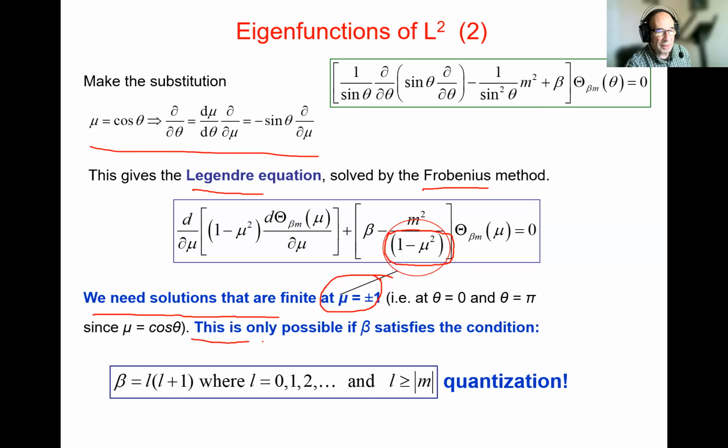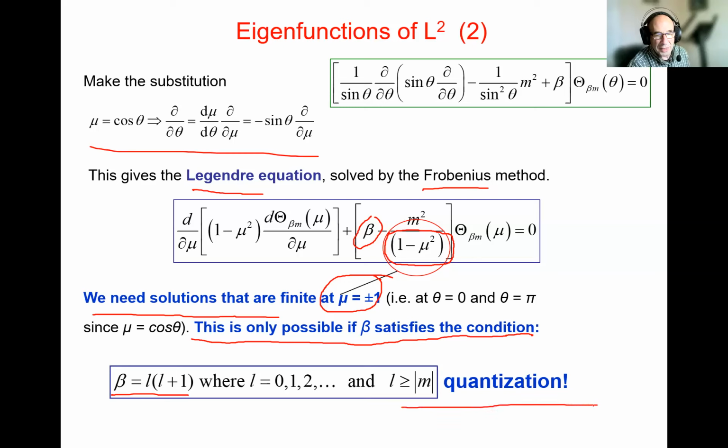And so it turns out that, again, we arrive at quantization, because the only possible value of our eigenvalue beta here is if it satisfies the condition that beta is equal to L times L plus 1, a familiar combination many of you have seen, where L is equal to 0, 1, 2, etc., and it is greater than or equal to the modulus of M. And so this is a quantization condition.